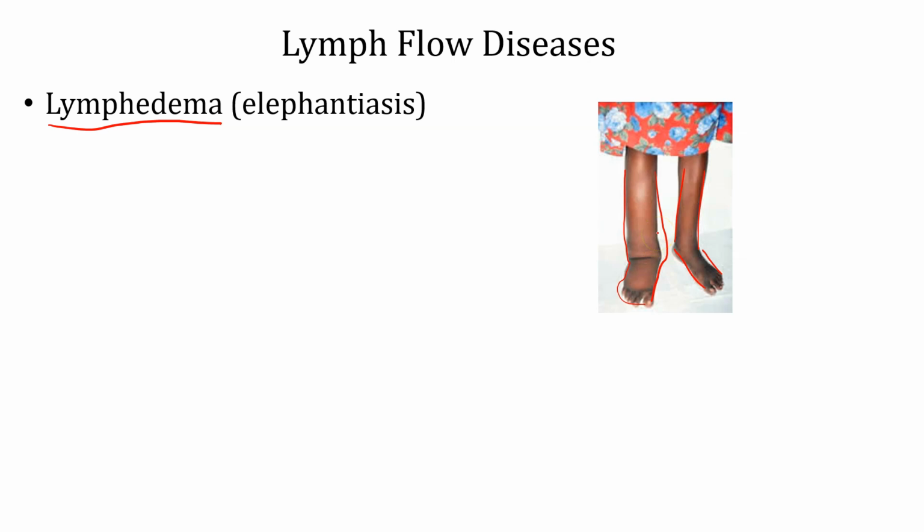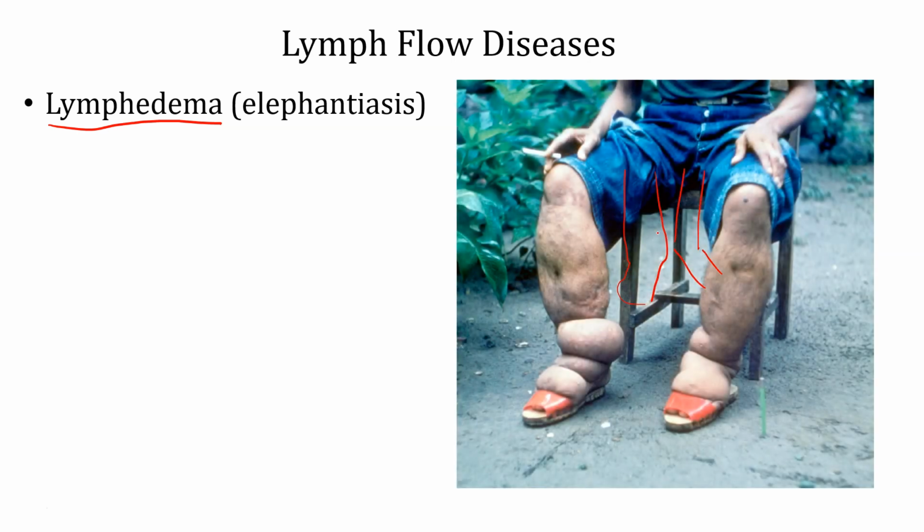Now, if this gets really severe, it can start to cause a thickening and an almost leathery nature to the skin, and it can actually get pretty severe, as you can see in this particular image. When it gets to that severe level and the skin gets rather thick and hard, it's called elephantiasis because the skin becomes like that of an elephant.